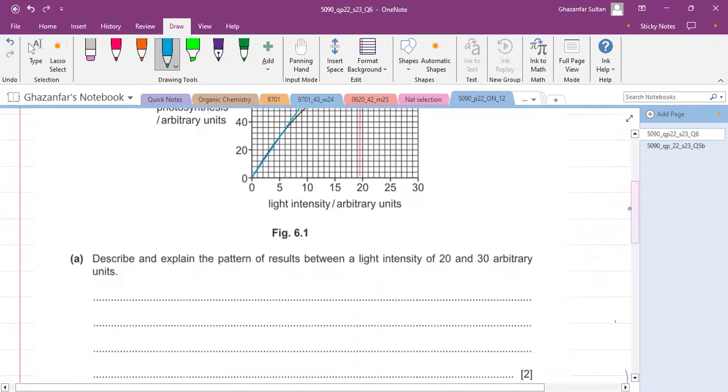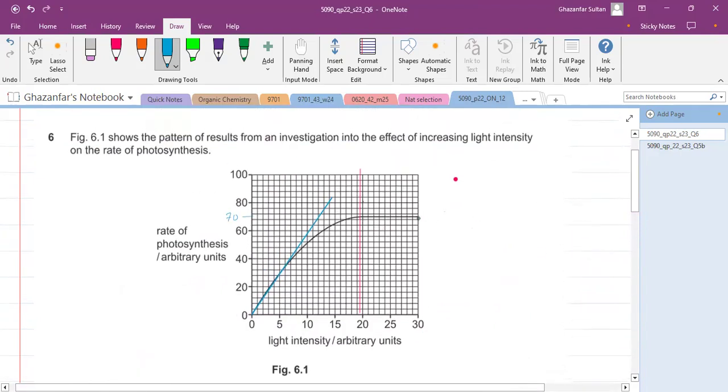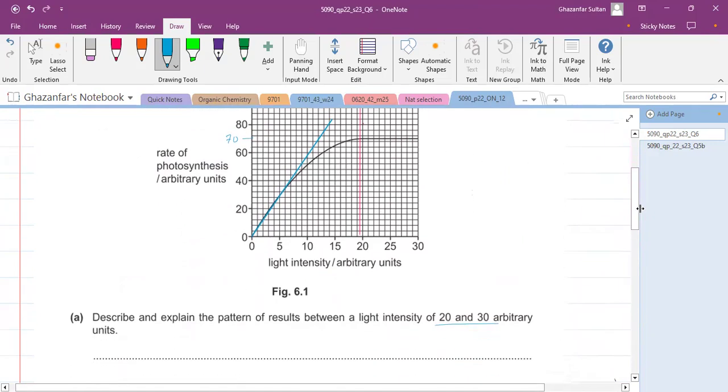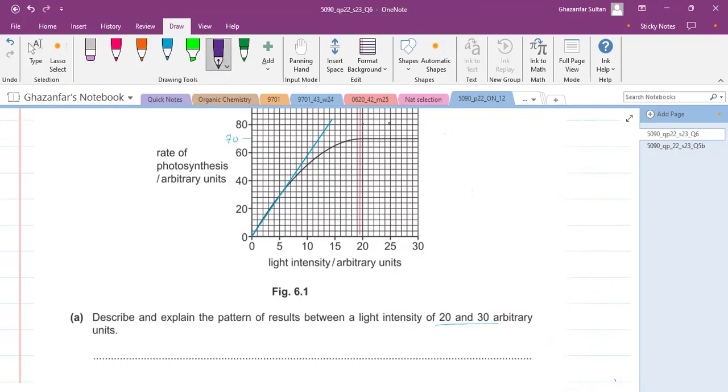Now see, what are they asking? They're asking to describe and explain the pattern of the result between light intensity 20 and 30. So from 20 to 30, you can see that there is a straight line, and a straight line shows that the rate of photosynthesis becomes constant.